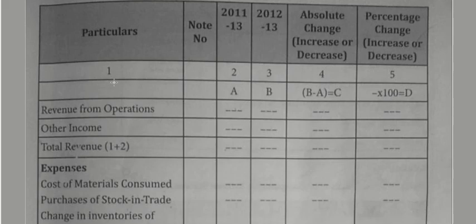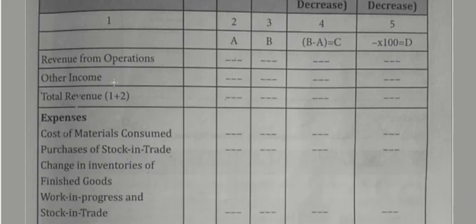First we start with our revenue part. We always start with revenue from operations. Revenue from operations basically includes any form of revenue by way of sale of products or services or any other operating revenue. Only operating revenue, I again repeat.